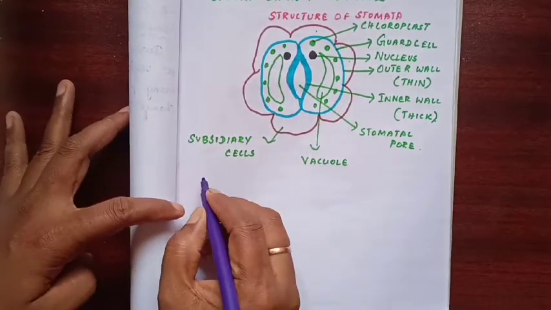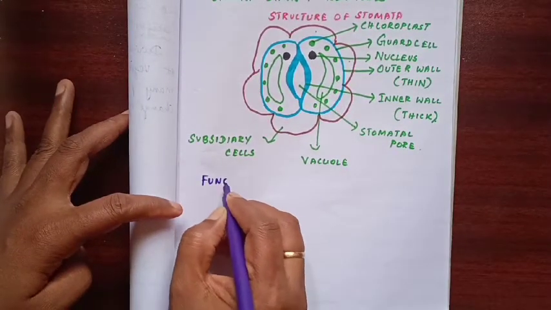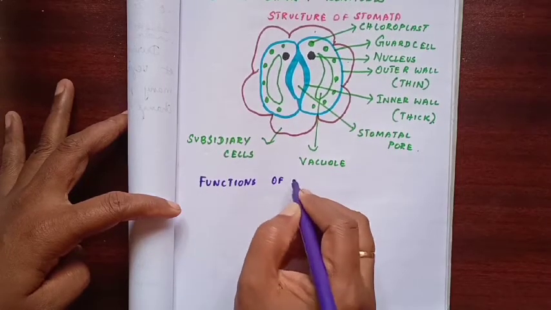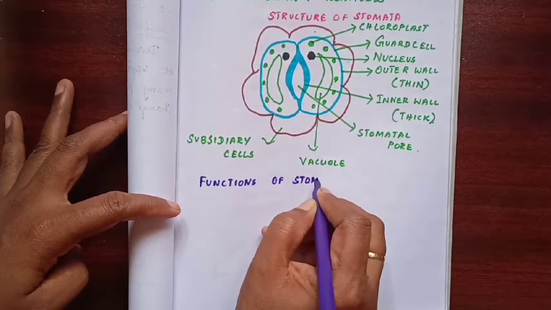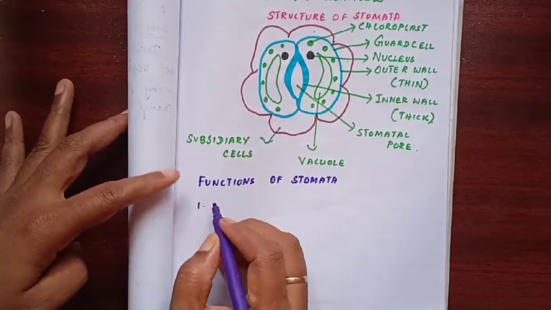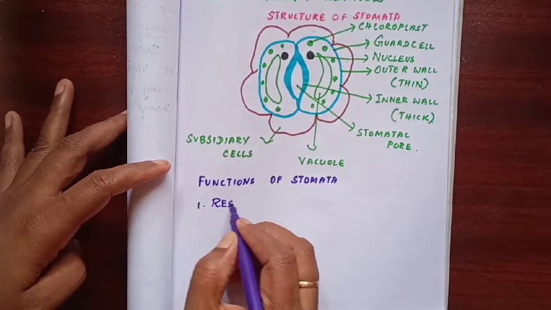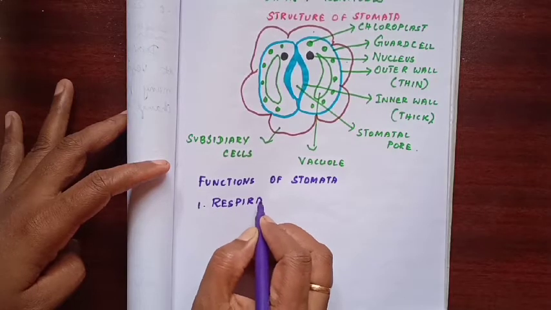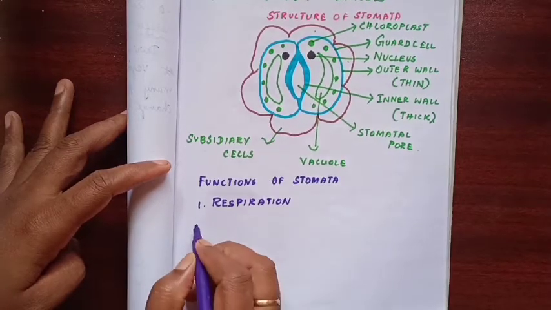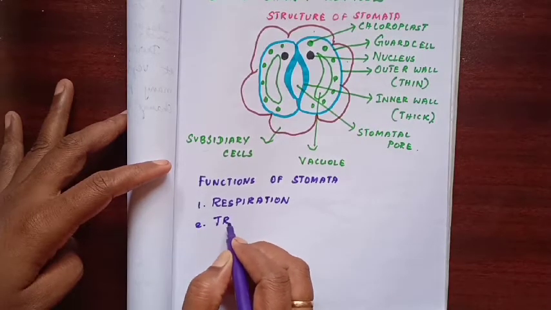Now coming to the functions of stomata. When we talk about the functions of stomata, remember three words. First one is respiration, where the exchange of gases take place. Number two, transpiration.